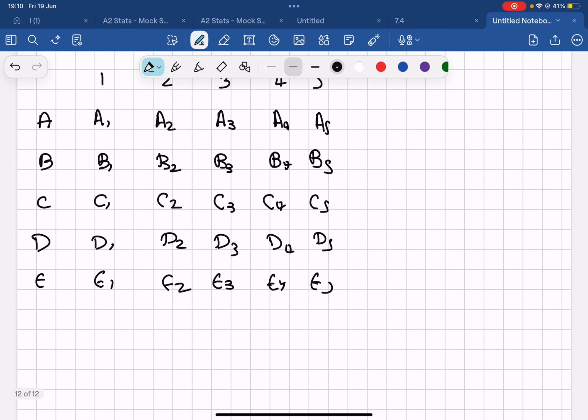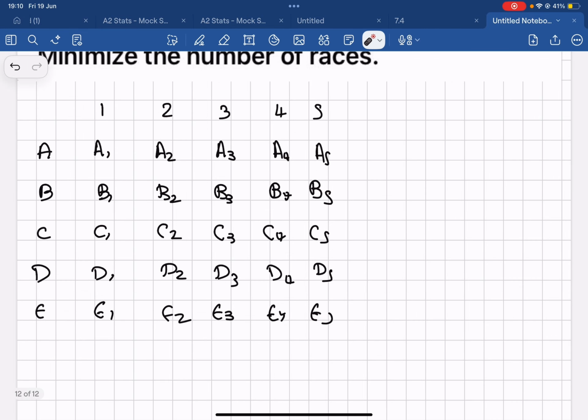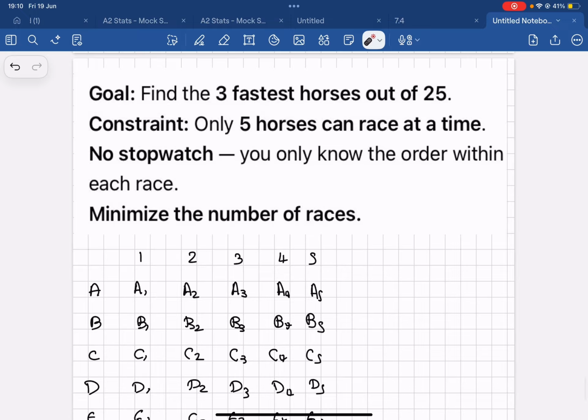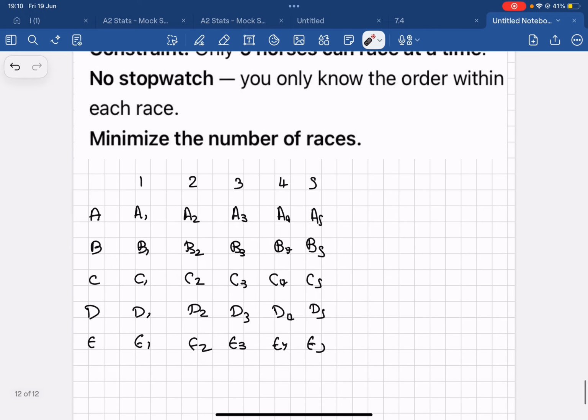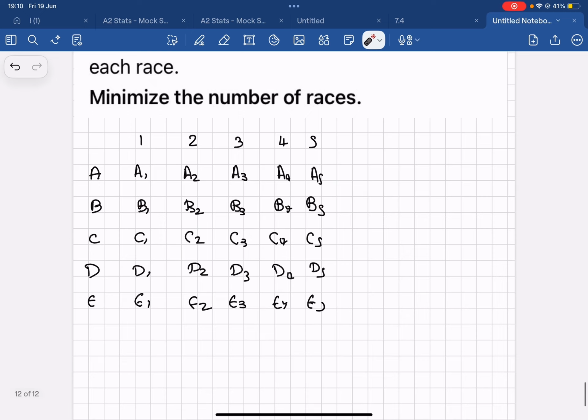Well, we know that in every race, 2 horses are slower than the rest, and by that we can eliminate them, so we can see this as a knockout stage. So imagine we race just the A horses and we find that A4 and A5 are the slowest.